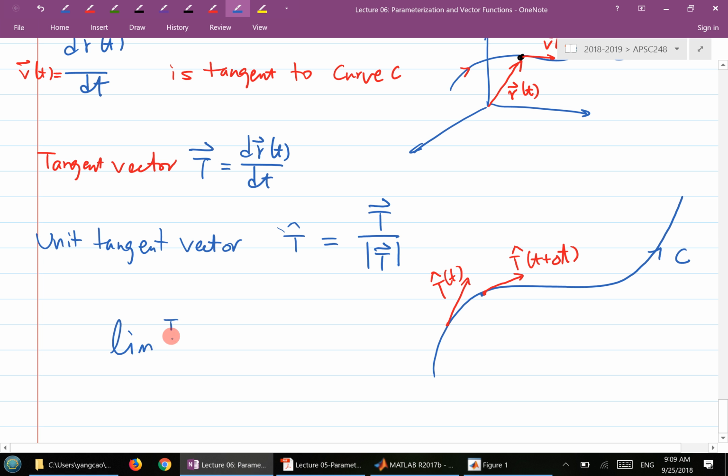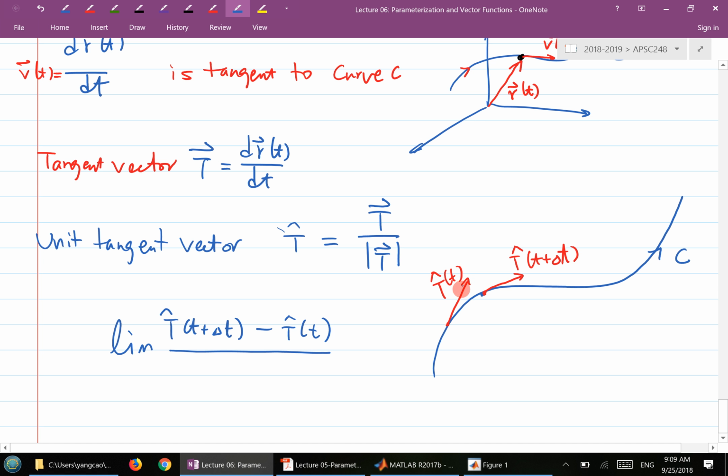I'm going to use this T hat, T hat at t plus delta t minus T hat at t, which gives delta T hat. So use this vector minus this vector here.